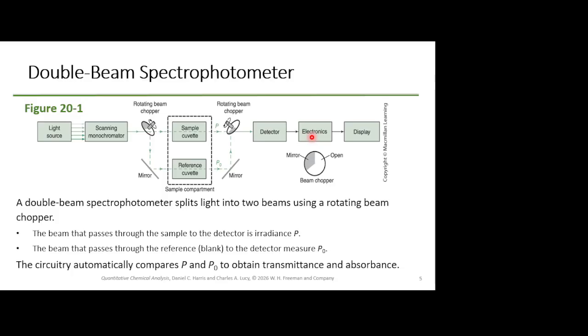Then you have a source for the IR. It's called a glow coil, and this is going to be the infrared source, providing that infrared radiation. That might be 3,000. And then we're looking at like hydrogen stretches.